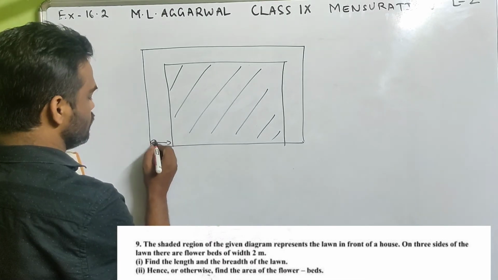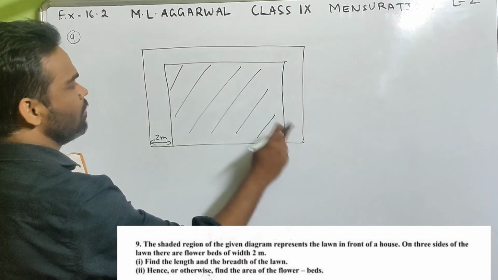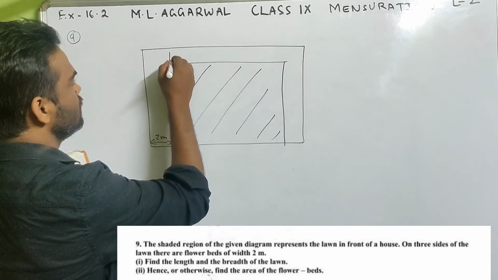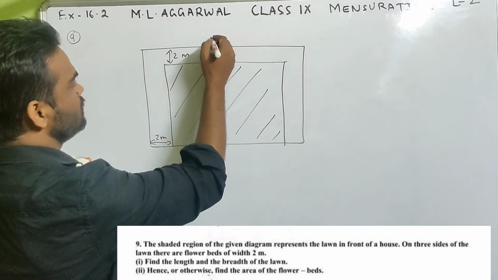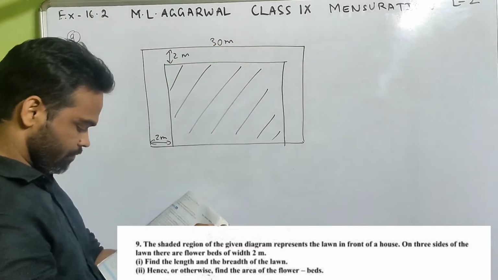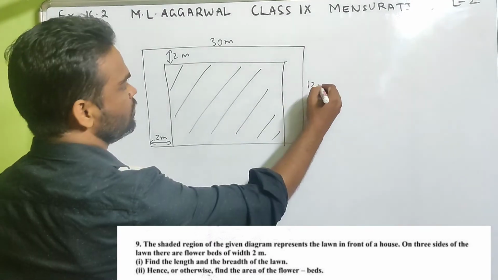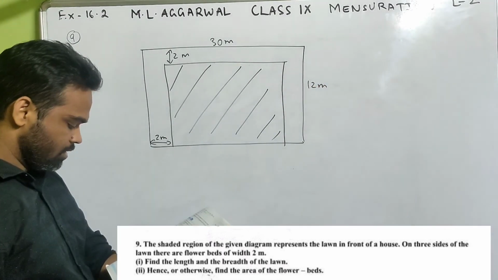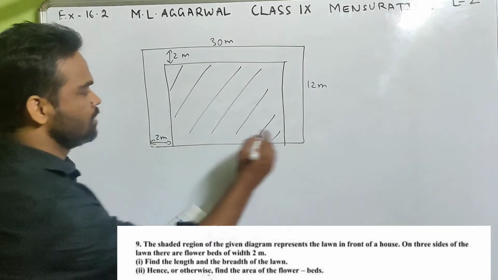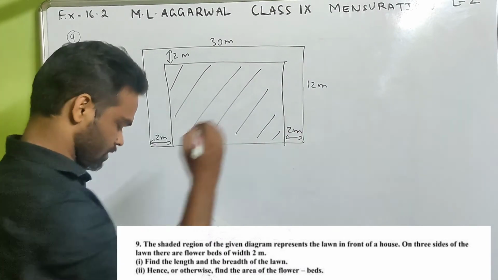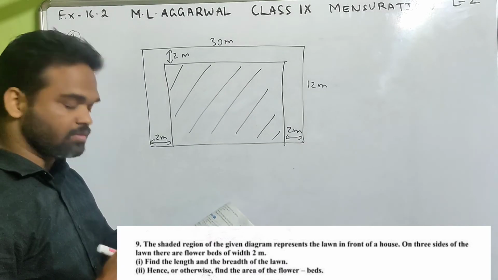So this is 2 meter. This is a flower bed over here. Okay, this is all 2 meter. And they have given the dimension. This is 30 meter and this is 12 meter. On 3 sides of the lawn, there are flower beds of width 2 meter. What do they ask? Find the length and the breadth of the lawn.